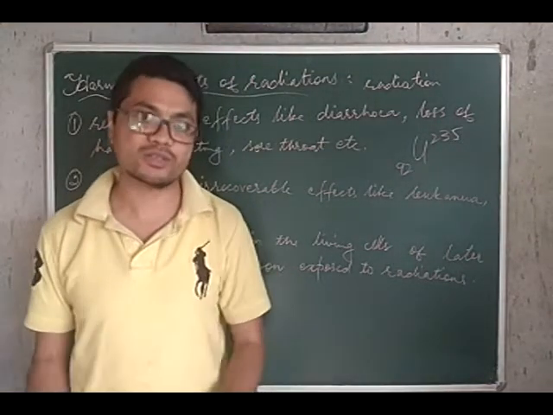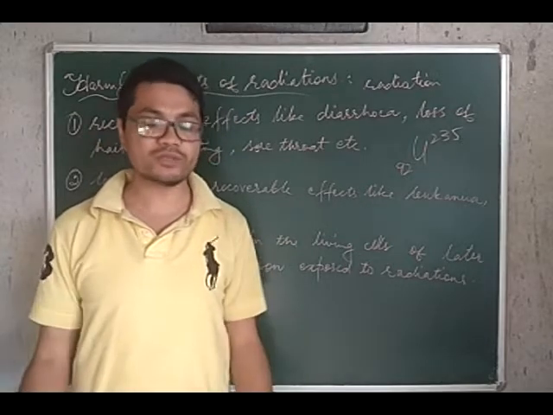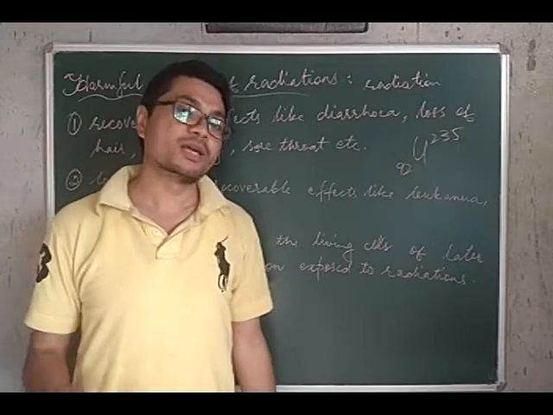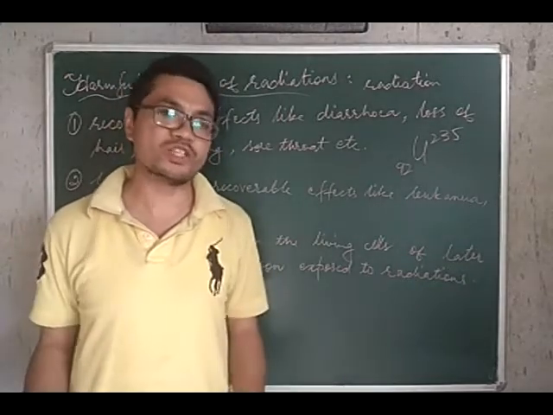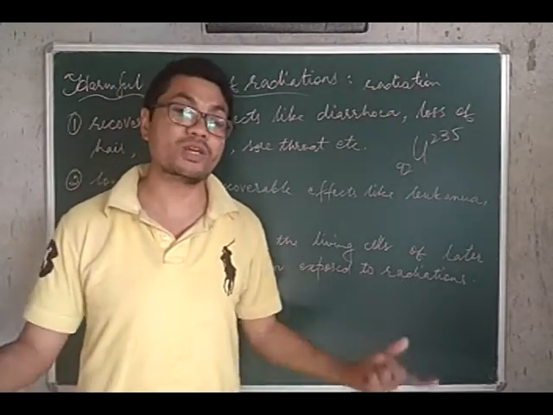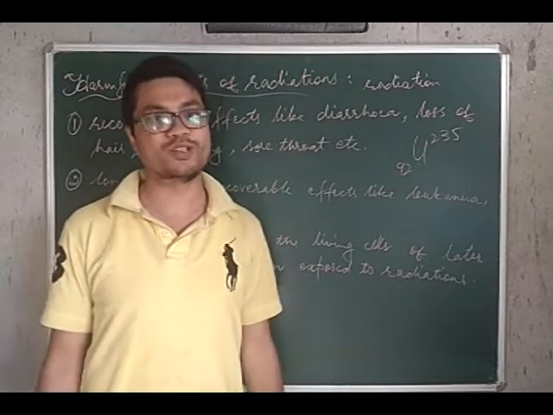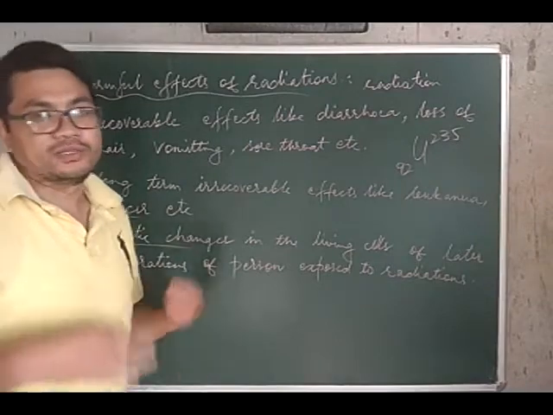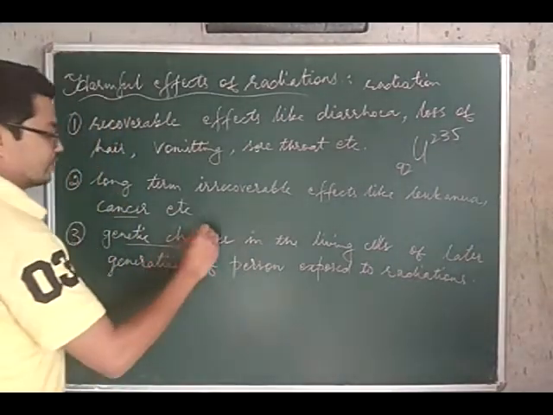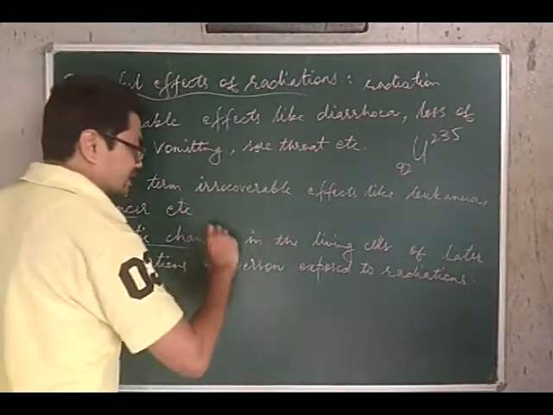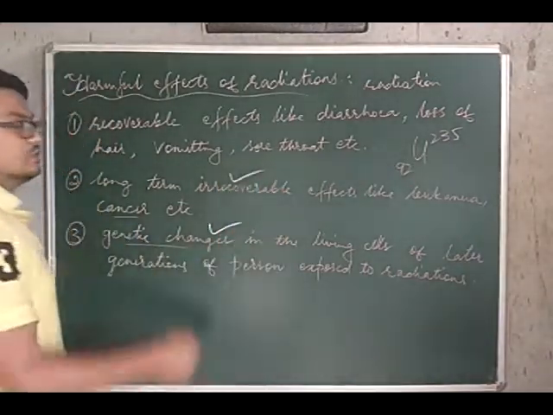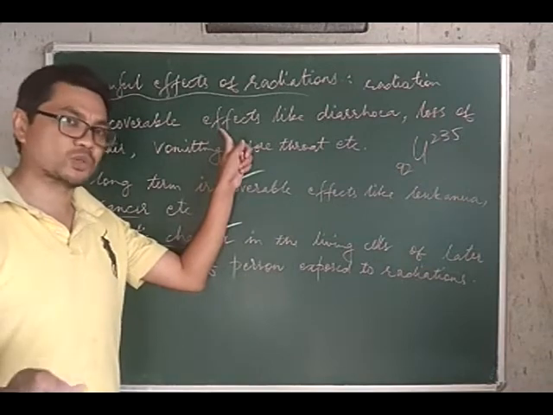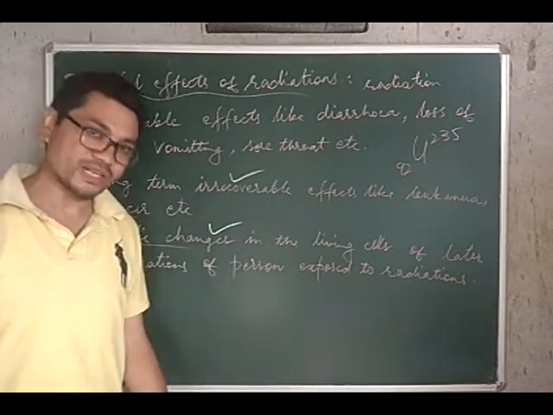The later generations of those people were born with some kind of deformation, some kind of changes in their genetic code. So these are the very, very harmful effects of alpha, beta, gamma radiations. This is recoverable only for very limited exposure.